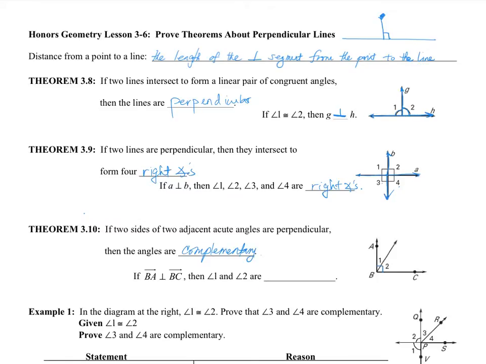So let's just put a point here as O. If angle AOB is adjacent to angle OBC, so the sides are AB and BC, then they share the same adjacent side, and they are perpendicular, so angles 1 and 2 are considered complementary. So we're going to write this again.